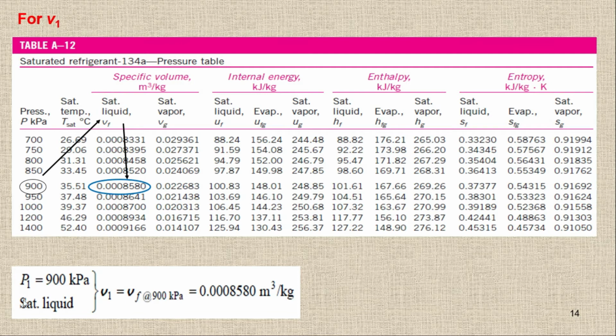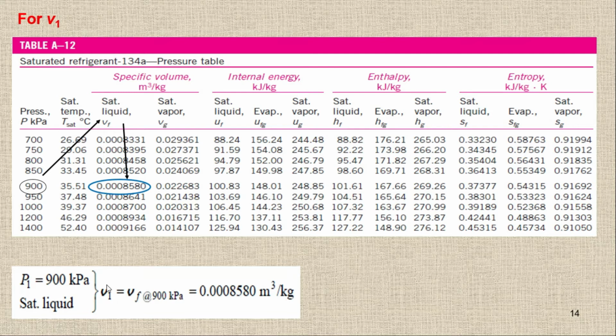So the pressure is 900 kilopascal, and the saturated liquid volume, or the V1, is equal to Vf at 900 kilopascal, which is this one, in meter cube per kg. And if you remember in the question, it is given that the initial volume is 200 liters of the saturated liquid. So the volume is given, and this is the specific volume.